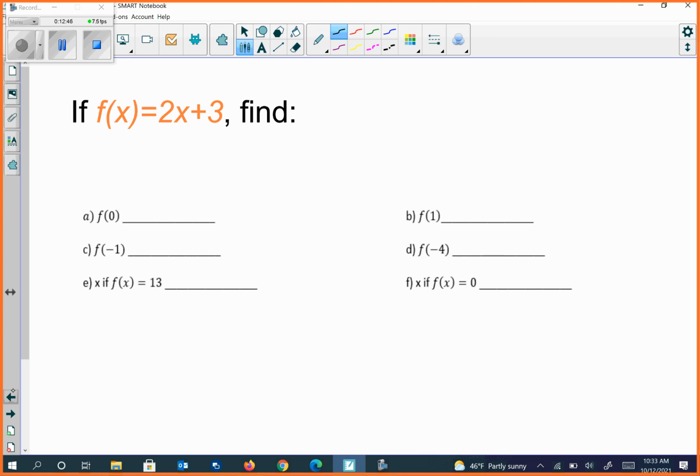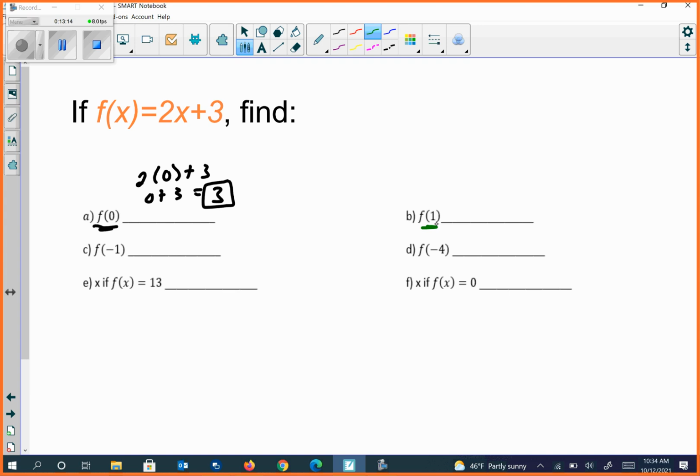All right. It says if f of x is equal to 2x plus 3, find f of 0. So what should I do to find f of 0? Plug it in. So that's 2 times 0 plus 3, which is 0 plus 3, equal to 3. What if it says f of 1?